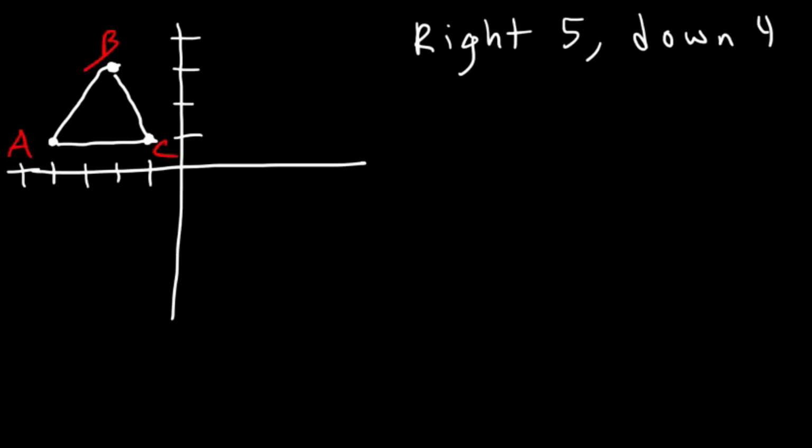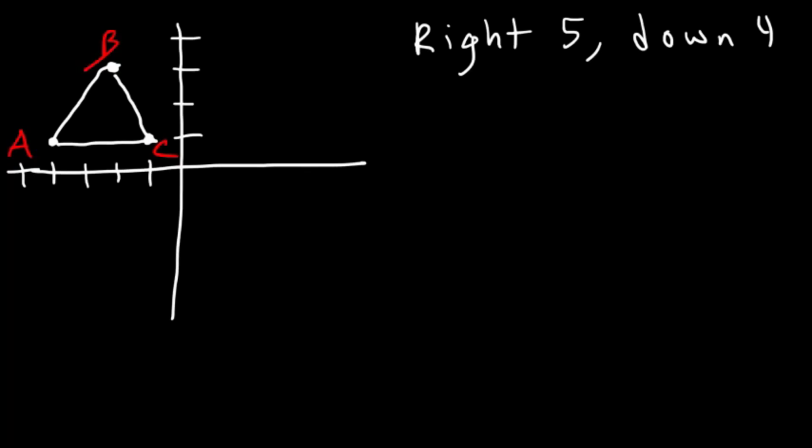If you move it to the right, it's going to be in quadrant 1. And then if you move it down, most likely it's going to be in quadrant 4. This is quadrant 4, by the way. We should have some figure in quadrant 4 that looks like this. It should have the same size, but in a different position.